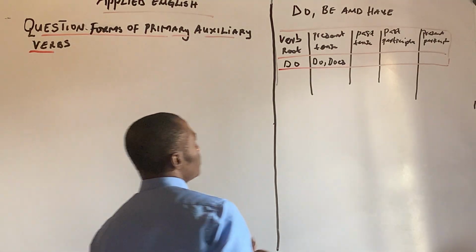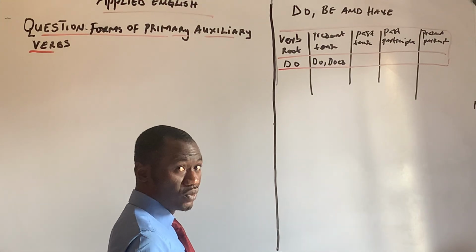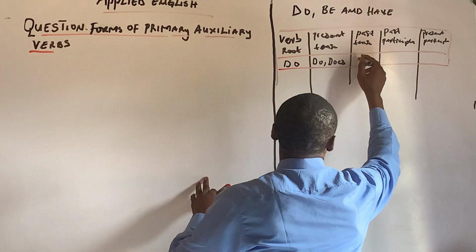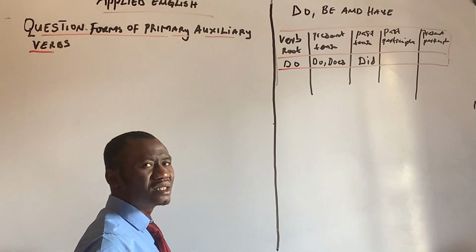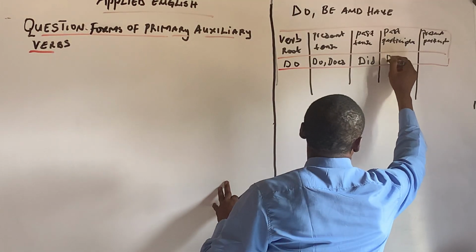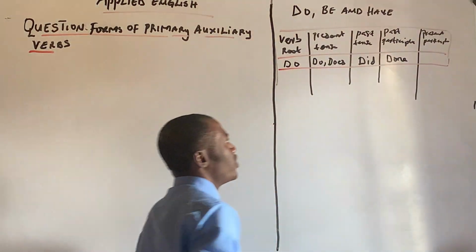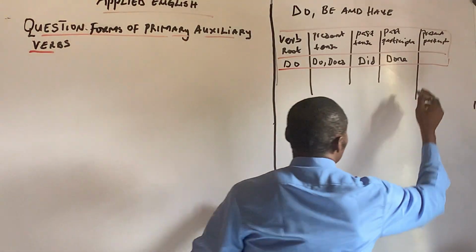The past tense of both of those is did. The past participle is done. The present participle is doing.